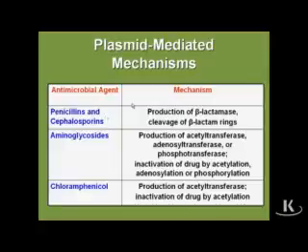So it cleaves that beta-lactam ring, and so through the production of the beta-lactamase can you get resistance to the penicillins and cephalosporins. And this basically is just listing some of the other drugs, either via production of acetyltransferases and inactivation of the drug by acetylation, are some of the mechanisms that we're talking about transferring.